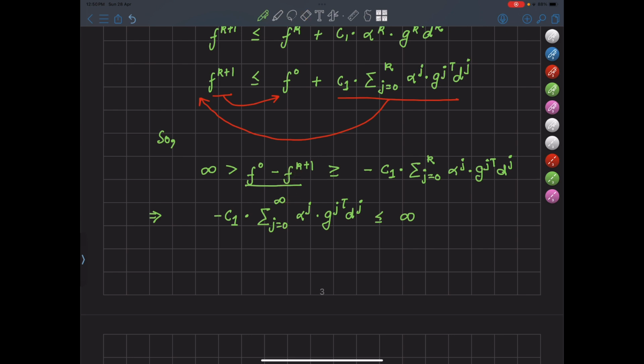Now one thing that you should notice here is that this is a finite value, all right, and a sum of finite values, like so let's say we have a1 plus a2 plus so on and so forth to infinity.